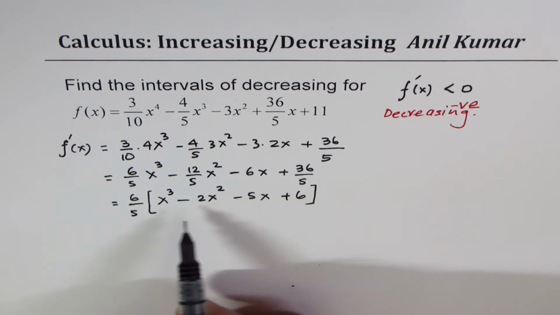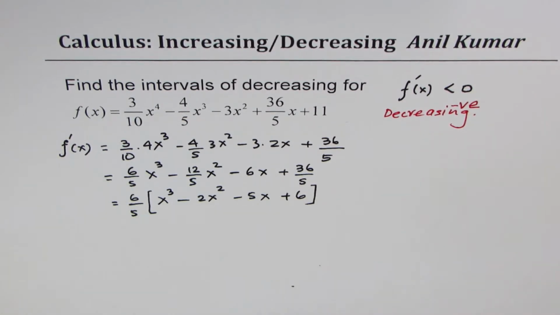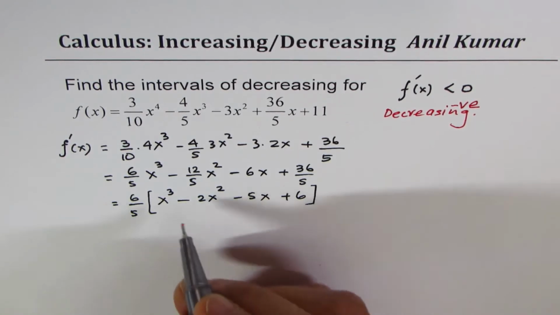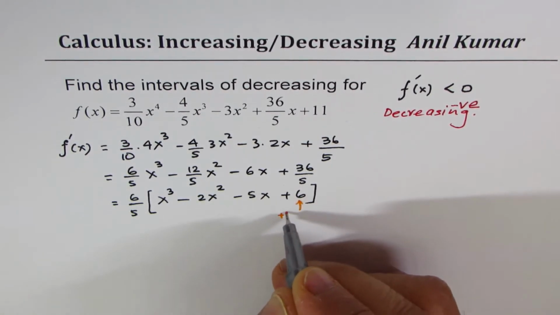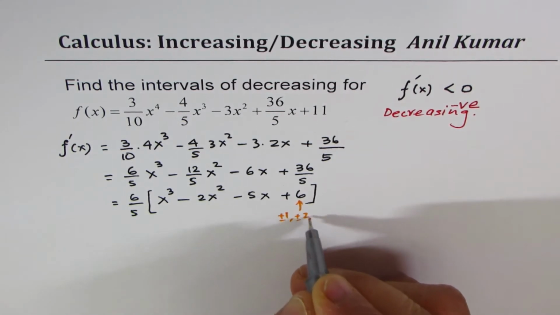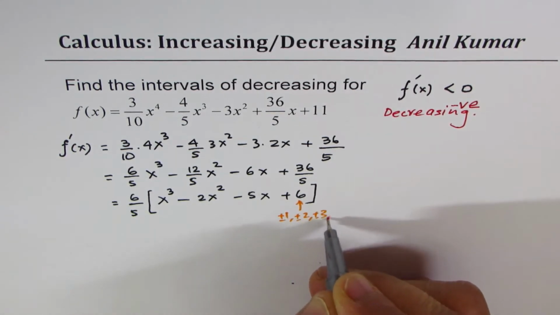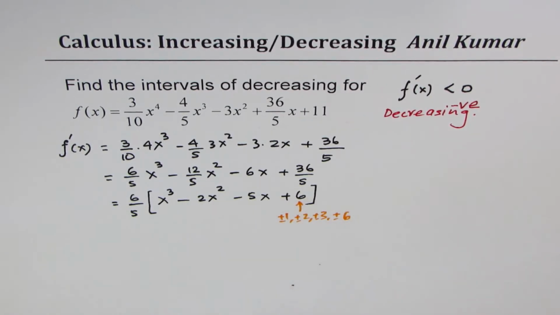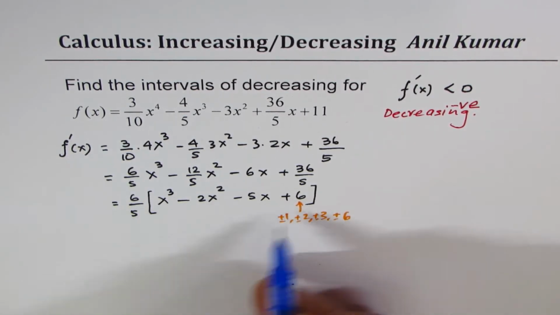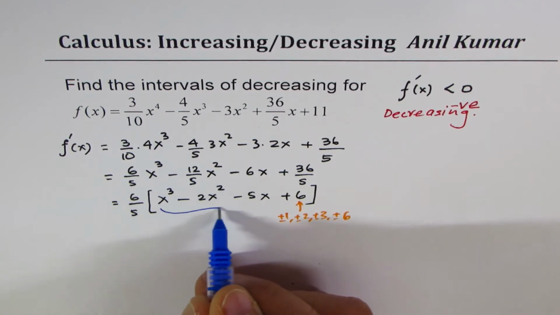To factor, we'll try different values. We are trying to factor this. Possible factors are factors of 6, which is plus minus 1, plus minus 2, plus minus 3, and plus minus 6, correct? So let's try the value 1 itself. If I substitute 1 here, so we are talking about this function now.